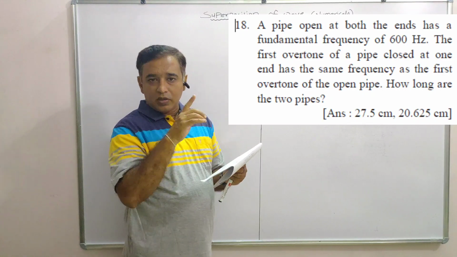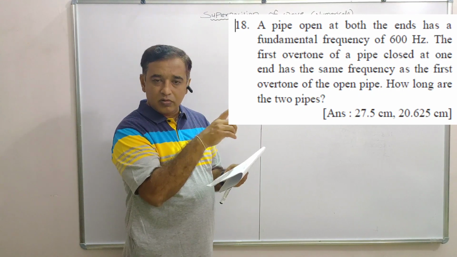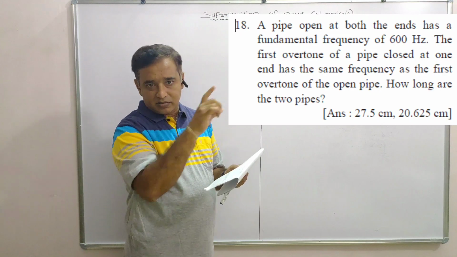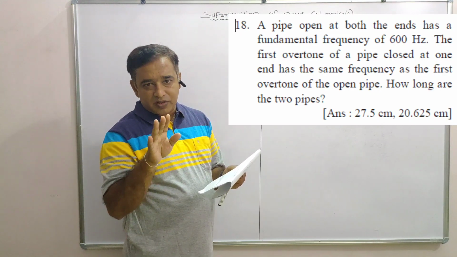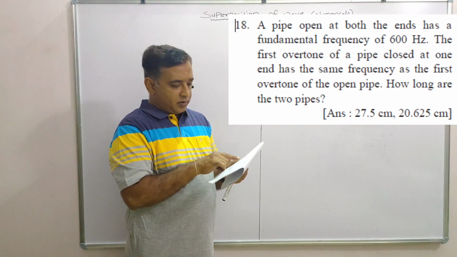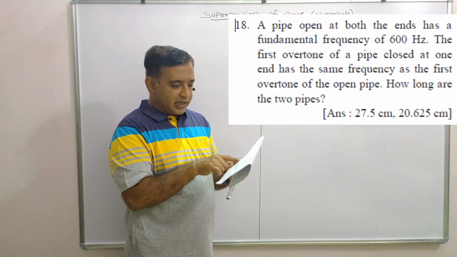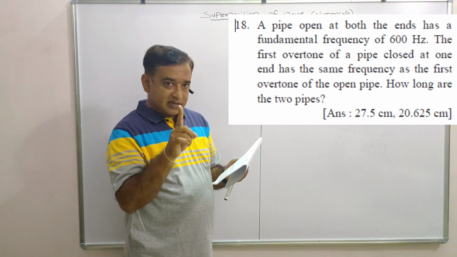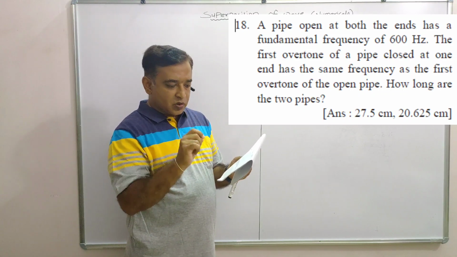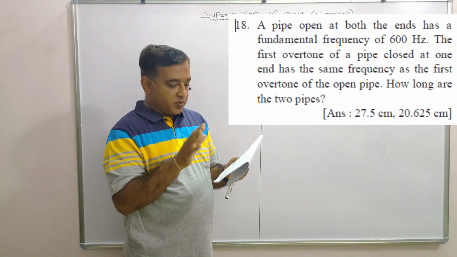If N0 is the fundamental frequency, then 3N0, 5N0, 7N0. This is a series. Once again, the first overtone of the pipe closed at one end has the same frequency as the first overtone of the open pipe.